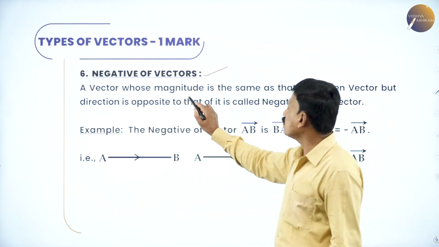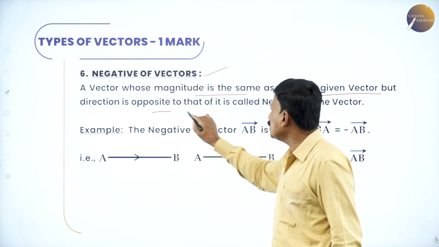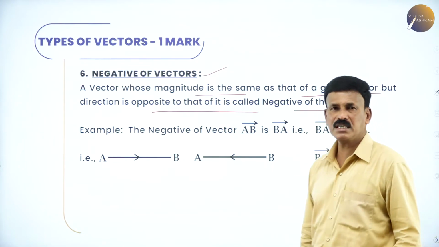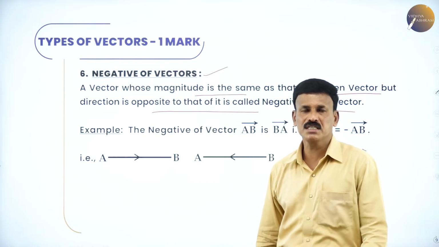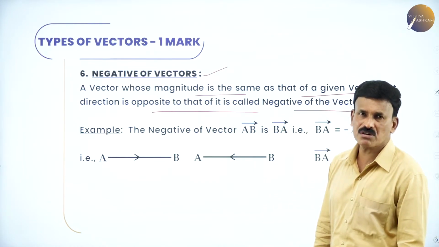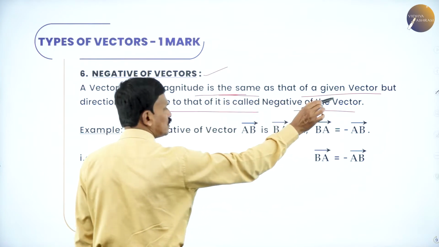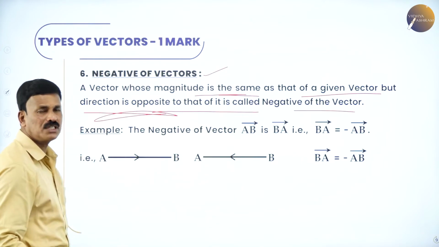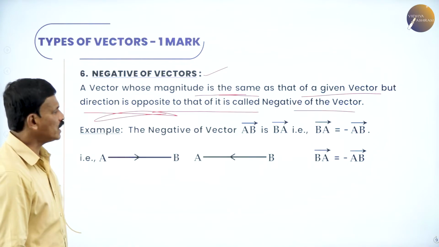A vector whose magnitude is the same as that of the given vector, but whose direction is opposite to it, is called the negative of a vector, denoted as minus A.